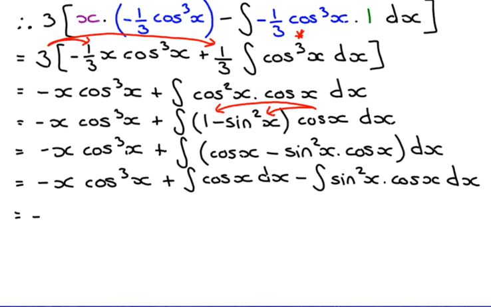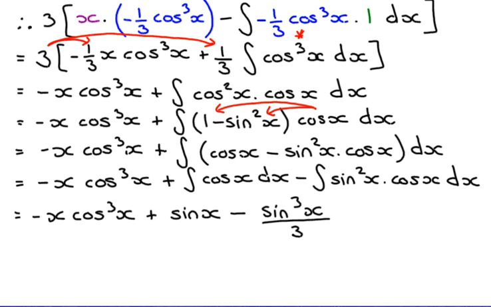So I've got negative x cos cubed x plus the integral of cos x, which is just sine x, minus, now you'll see that because I've got a composite function and the derivative of the inner function, I can do this by inspection. So that just becomes sine cubed x over 3 plus c, or a third sine cubed x.